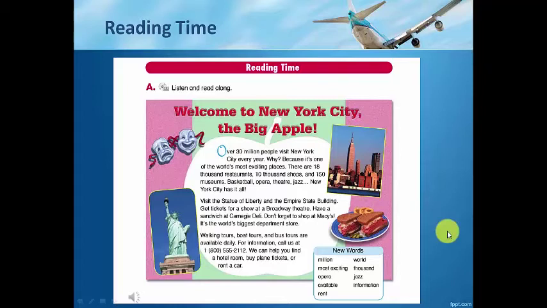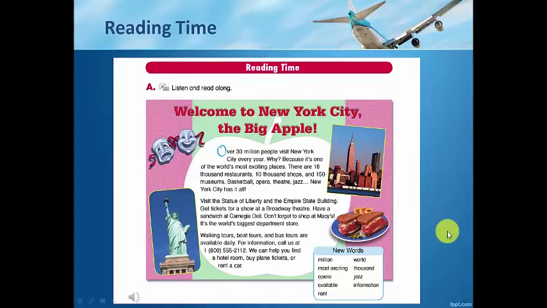Get tickets for a show at a Broadway theater. Have a sandwich at Carnegie Deli. Don't forget to shop at Macy's. It's the world's biggest department store. Walking tours, boat tours, and bus tours are available daily. For information, call us at 1-800-555-2112. We can help you find a hotel room, buy plane tickets, or rent a car.